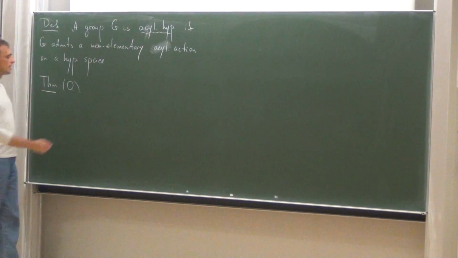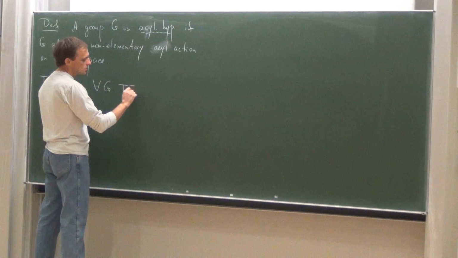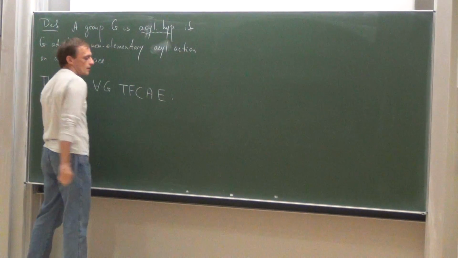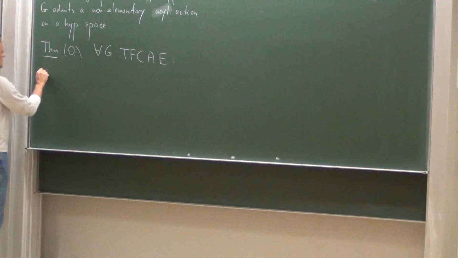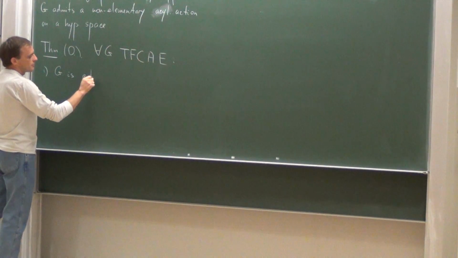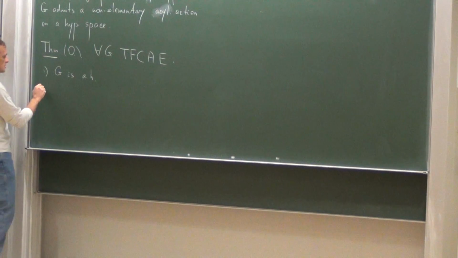And the theorem is the following. For every group G, the following conditions are equivalent. First, G is asymmetrically hyperbolic. So AH is my abbreviation for asymmetrical hyperbolicity.